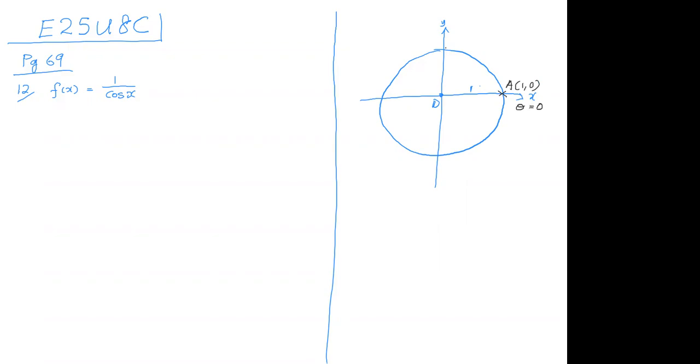If it's here, that means it turns 90 degrees, so the angle here is pi by 2. If we come to here, then the angle will be pi. If we come to here, it turns from here to here, the angle will be 3 pi by 2.